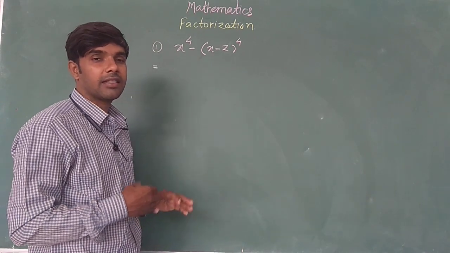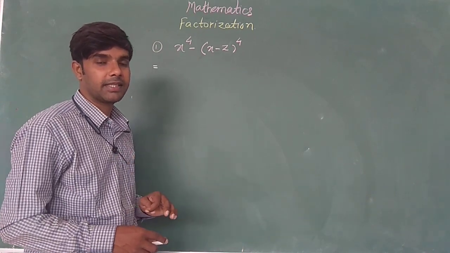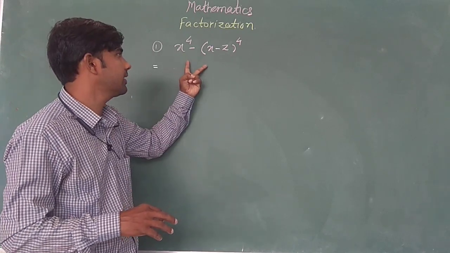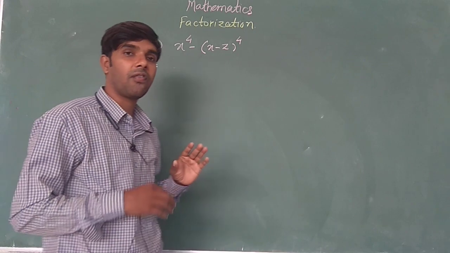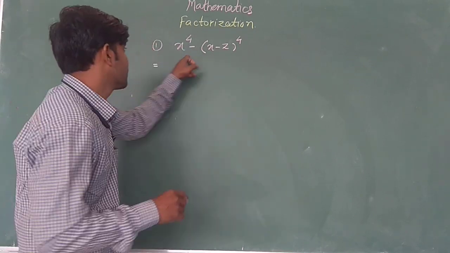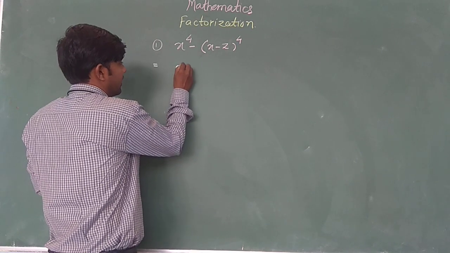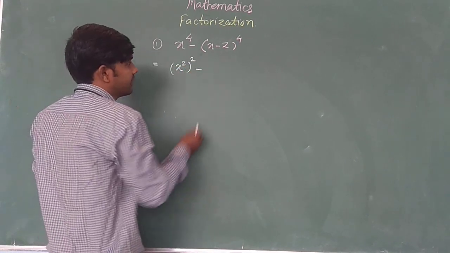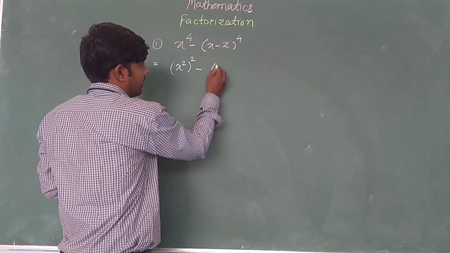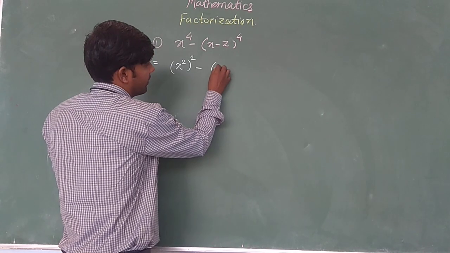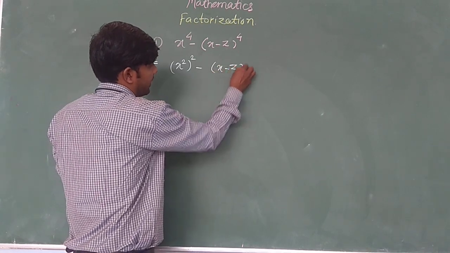So we apply the third identity, a square minus b square, and we have already learned how to convert this given algebraic expression into the form of a difference of two squares. So x raised to 4 is the square of x square, minus (x minus z) raised to 4, which is the square of (x minus z) square.